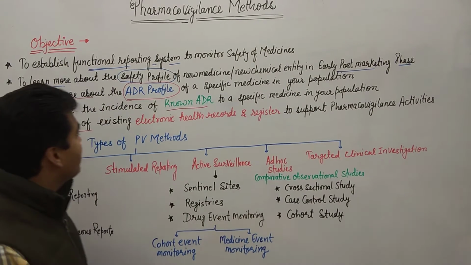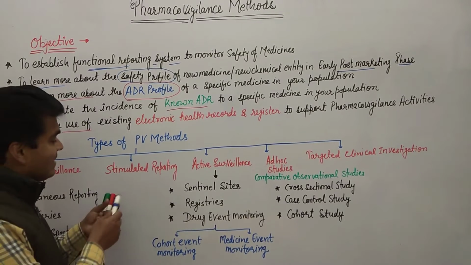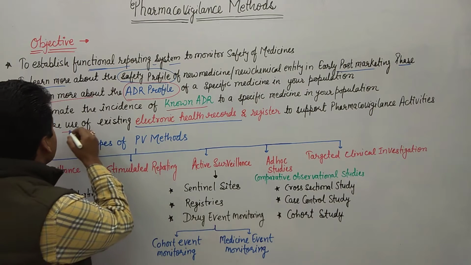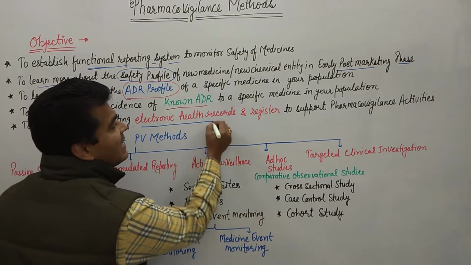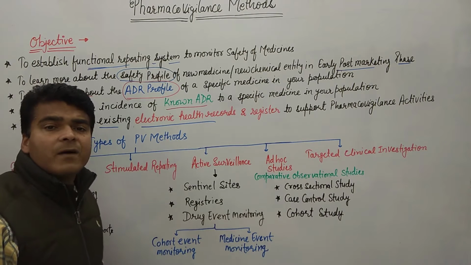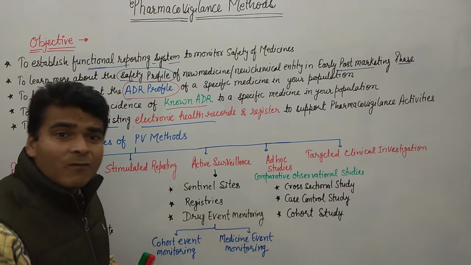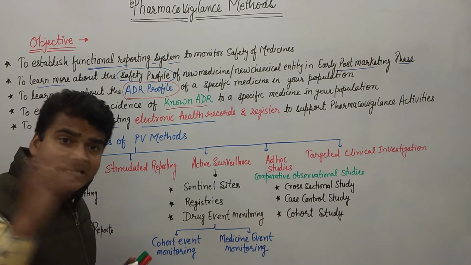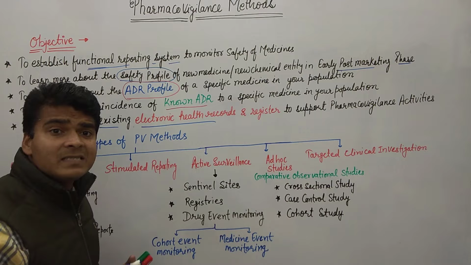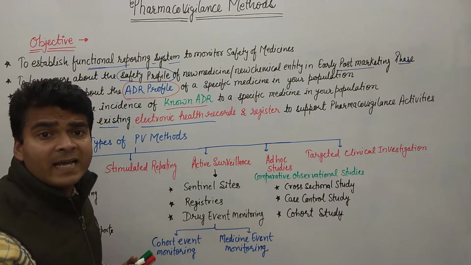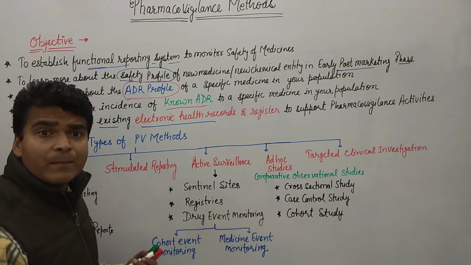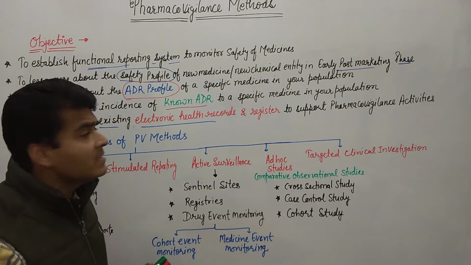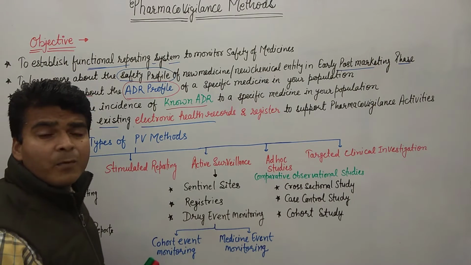Here we are using existing healthcare records held electronically. Whatever data we have, we put into the electronic system, and this data will help us to identify unknown ADRs, as well as unknown ADR reporting and safety studies of the new chemical entity launched by the drug approval authorities.